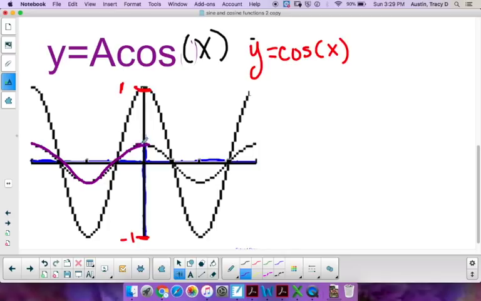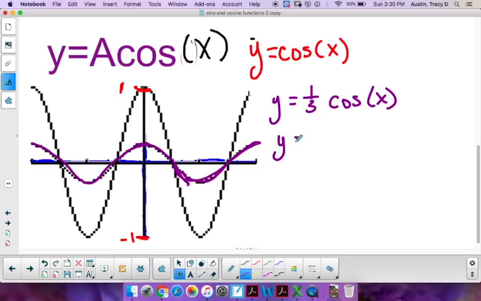It still has, at 0, its high point, right? We've just shrunk it. This looks like it's definitely less than half, though, this time, right? Because half would be about right here. So I would say this is either a third or a fourth. Okay, your choice, either a third or a fourth, and you would write it as either 1/3 cosine x or 1/4 cosine x.